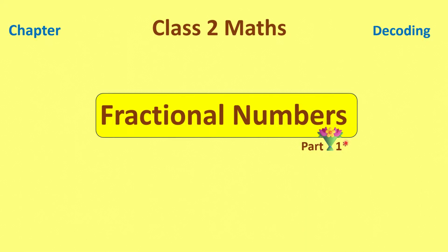A single asterisk represents that it's the first session on fractional numbers. If there is a double star mark, it's the second session on fractional numbers. And if there is a third star mark, it's the third session on fractional numbers.